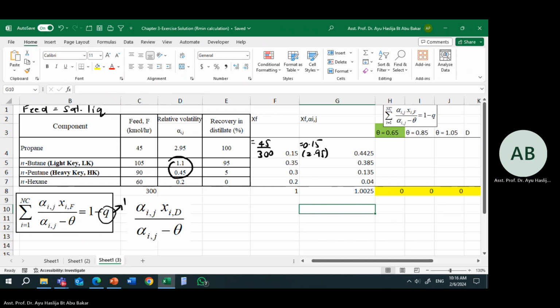You can try any value. Here I try 0.65, 0.85, and 1.05. It depends how many theta values you want to try and error, as long as you can get the total approaching 0.